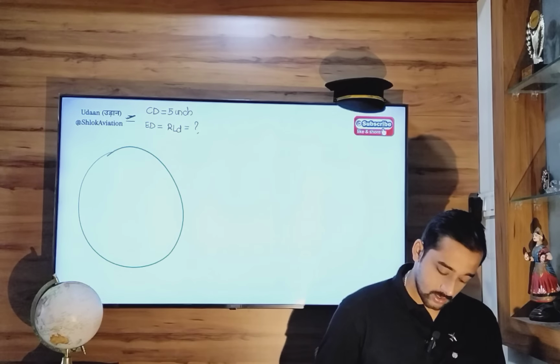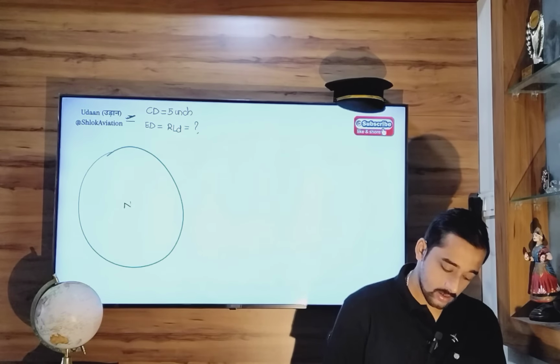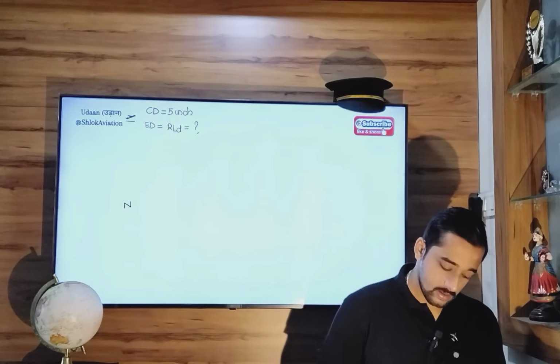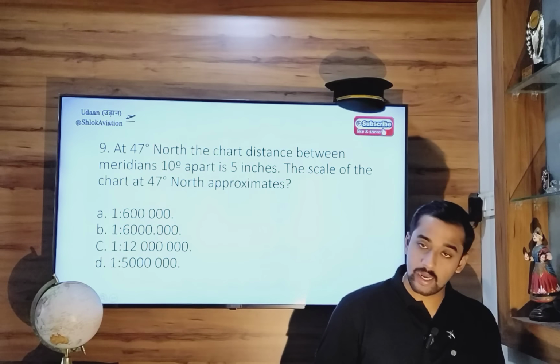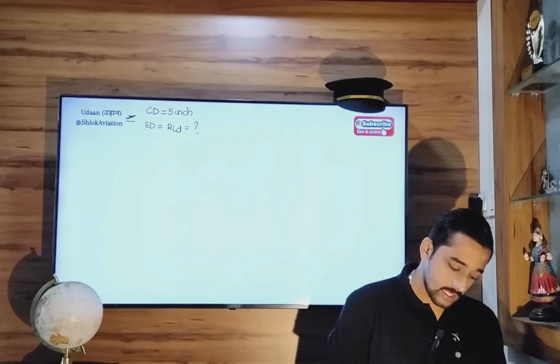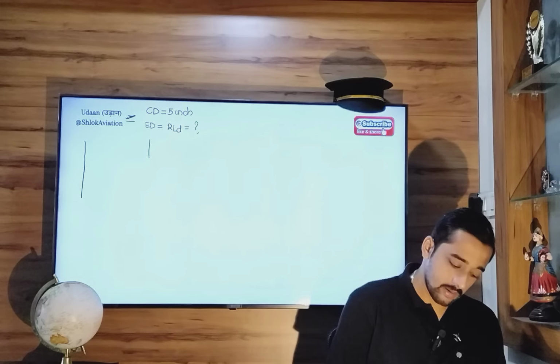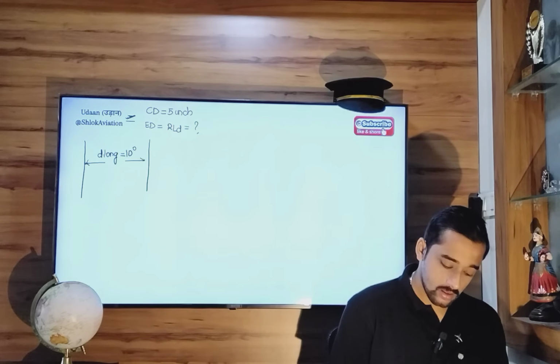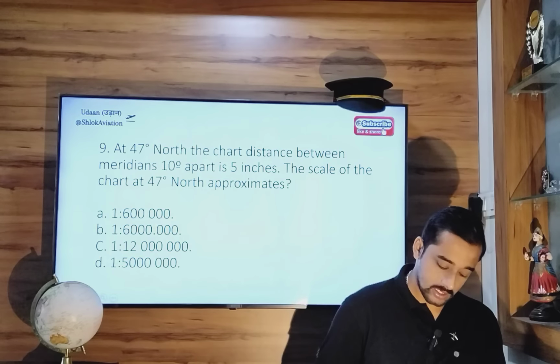So this is your north direction. There are two meridians 10 degree apart. So let's say this is one meridian, this is the second meridian. The d long is 10 degree. The latitude is 47 north.